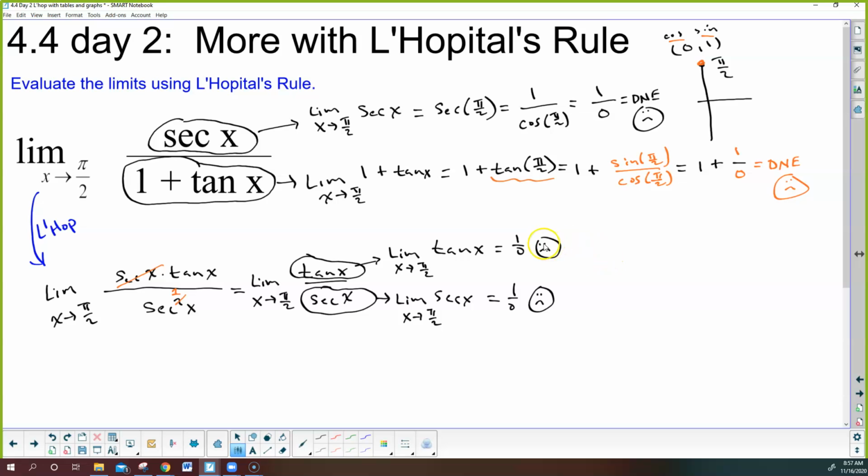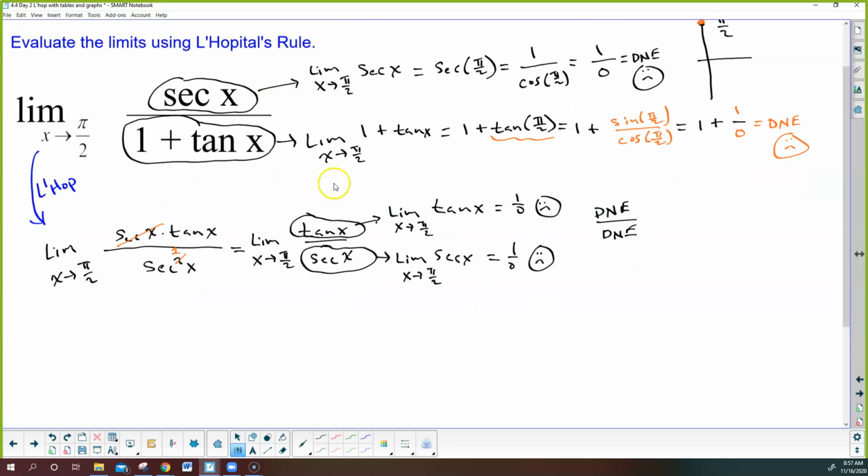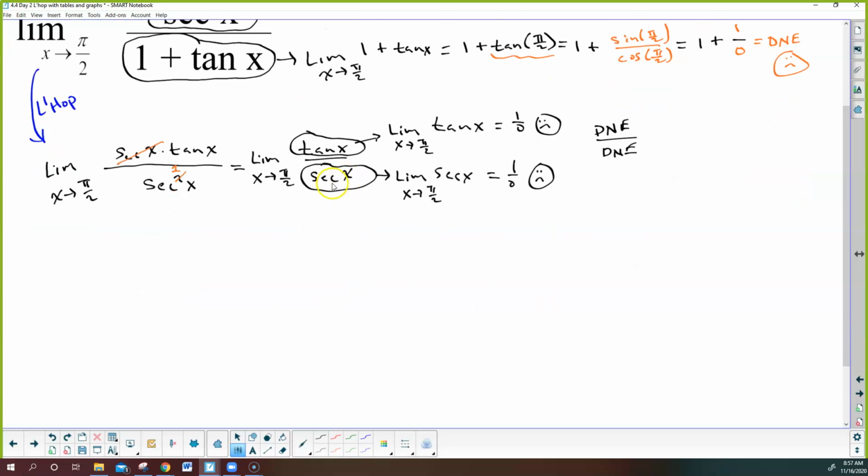It's undefined, but when I compare this, if it does not exist over does not exist, that is also kind of an indeterminate form. So what does that mean? That just means I need to apply L'Hopital's rule again and keep trying this out.